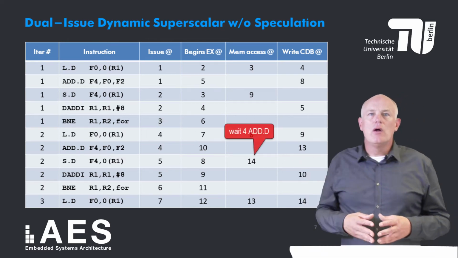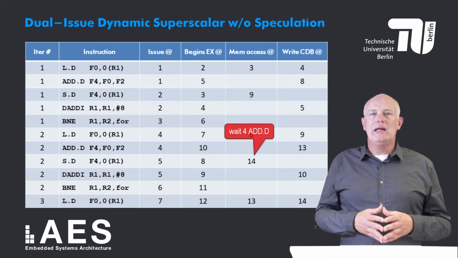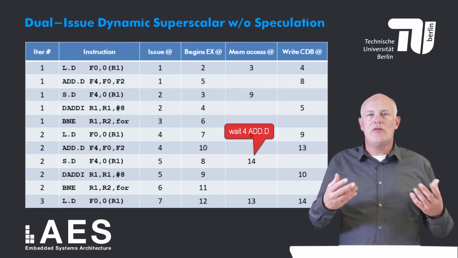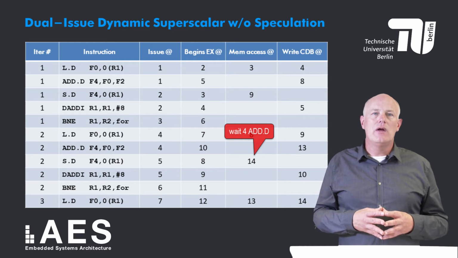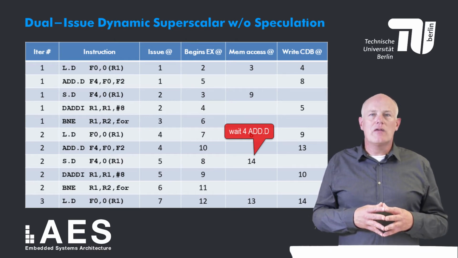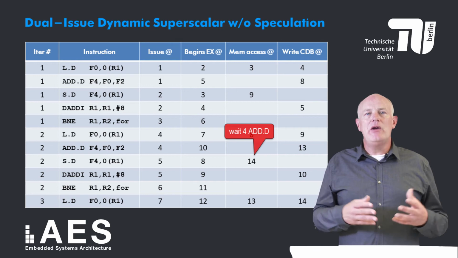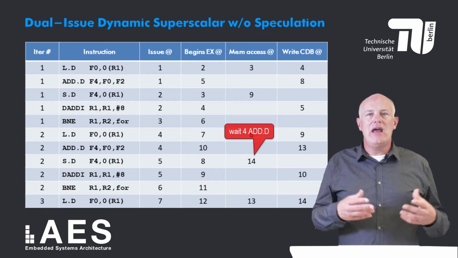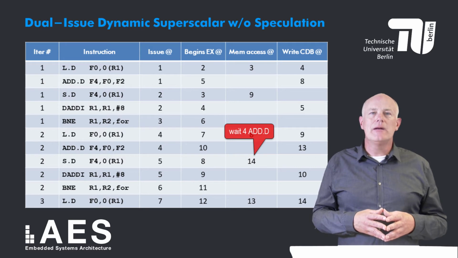The store double also has to wait for the branch to complete, and in clock cycle 7 the integer functional unit is busy calculating the effective address of the preceding load. Therefore it executes in clock cycle 8. Furthermore, its memory access stage has to wait for the result of the preceding add double and therefore takes place in clock cycle 14.